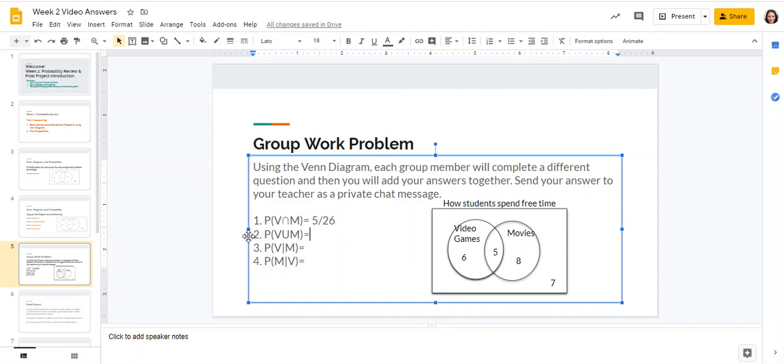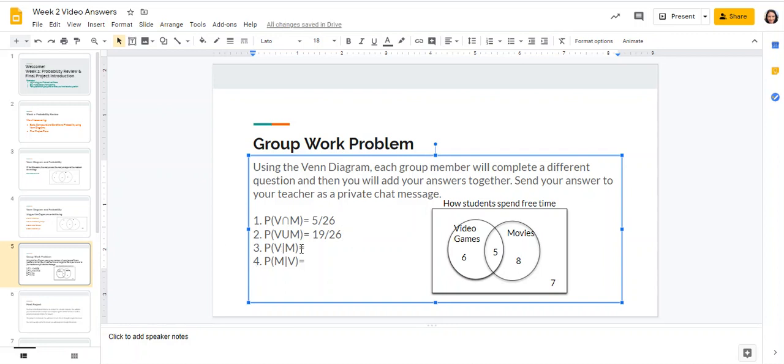Okay, this is the probability that a student plays video games or watches movies or does both. So we need to add up all of the students inside these circles. So that would be 11 plus 8, 19 students out of 26.